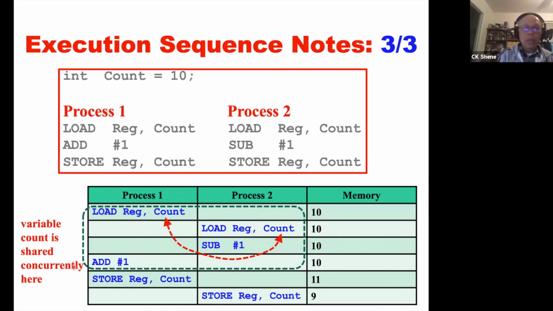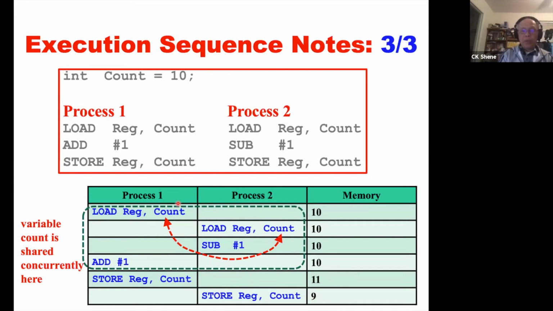So this example fits all required conditions. One, we have two processes, and two, they share a common resource, and they share it in an interleaved, or concurrent, way. And furthermore, by switching these two store instructions, we could get either 9 or 11. The outcome would be different if the instructions ran slightly differently.